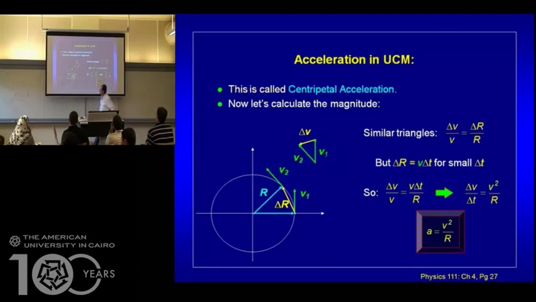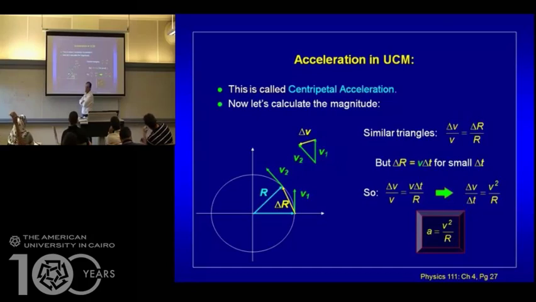The angle between V1 and delta r, and V2, is equal to that angle. How do you know that they are similar?